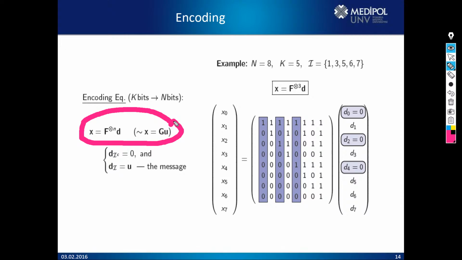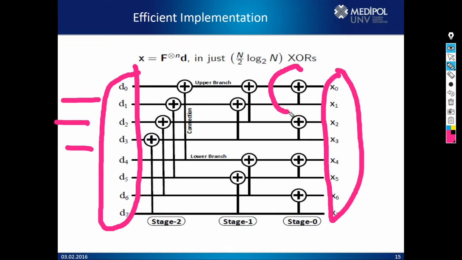The circuit here is an XOR circuit of kernels. For example, this is the first kernel, this is another kernel, like 1 1 1 0 1 1 1 0. So you have a lower branch, an upper branch, and you have 3 stages because you have kernel 3. And this circuit represents this matrix.